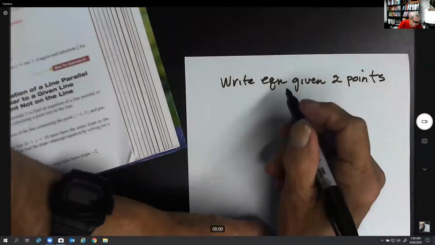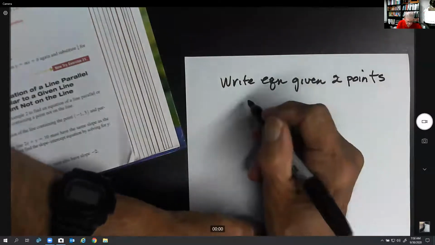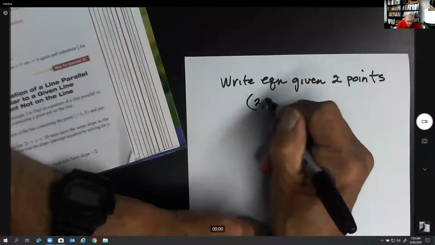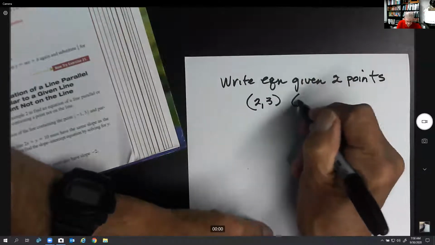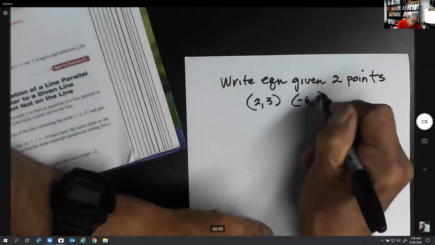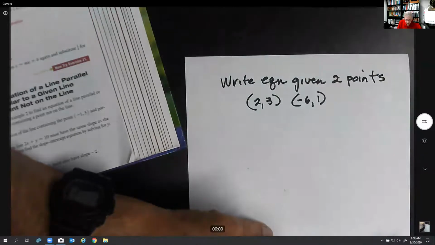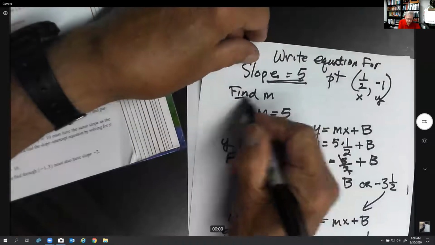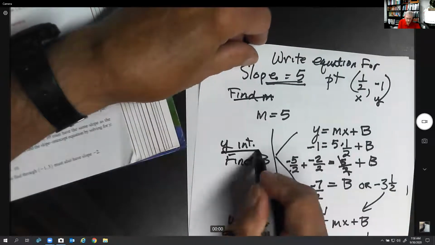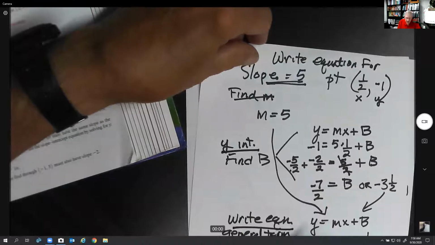Okay, and what they did, they said this equation passes through the points (2, 3) and (-6, 1). This is example 3 in your book on page 131. So we're going to use our 3-step approach. Find m, find the y-intercept, write equation.